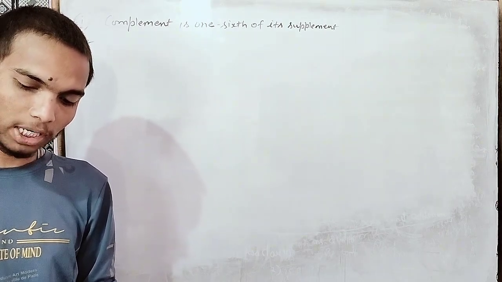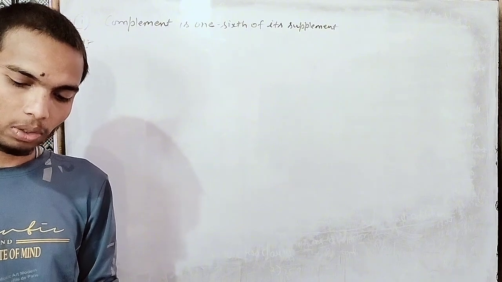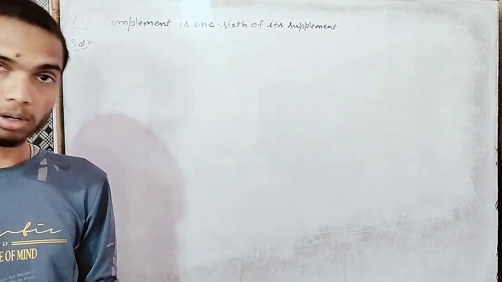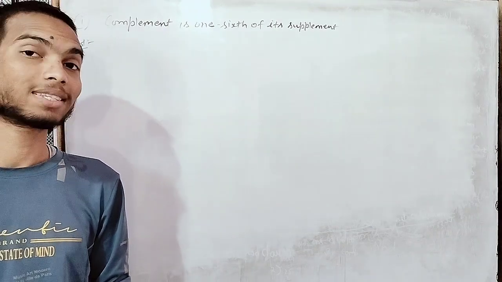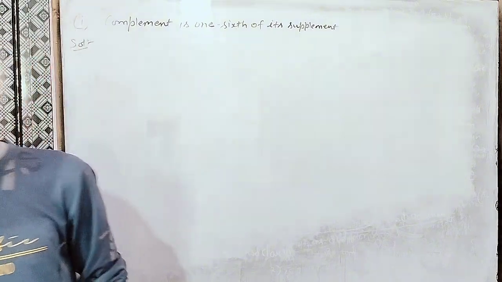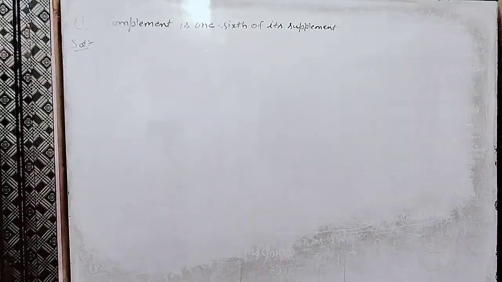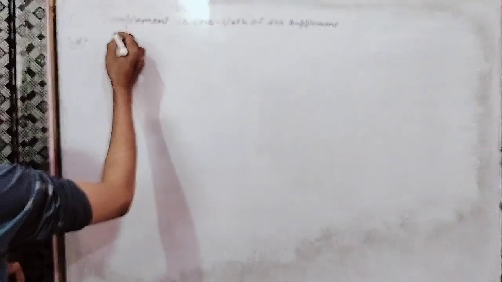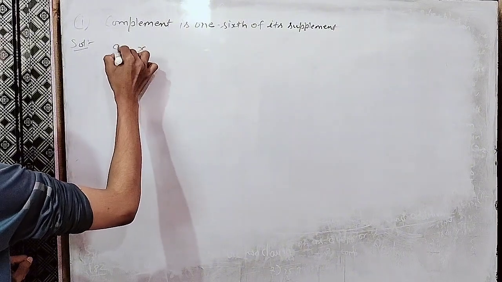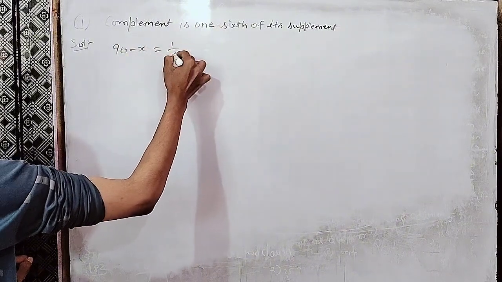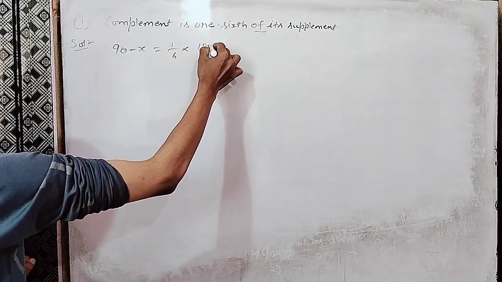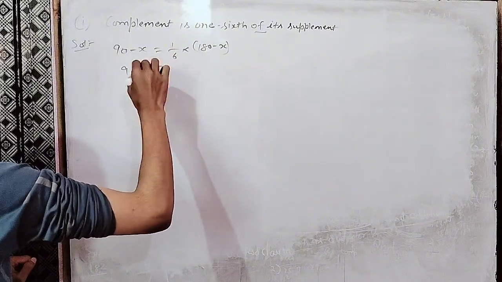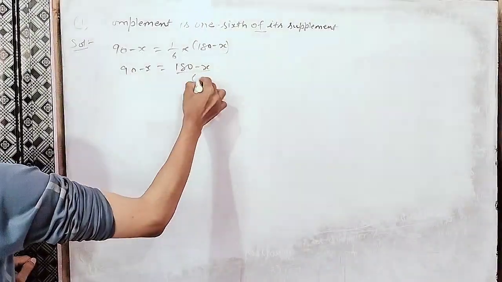Then we will be able to find the value of the second angle, of the supplement as well as of the complement. How? It is very easy. When we understand the statement, then it becomes very easy. Complement 90 minus x is 1/6 multiple of the supplement, 180 minus x in brackets. So 90 minus x equals 180 minus x upon 6.